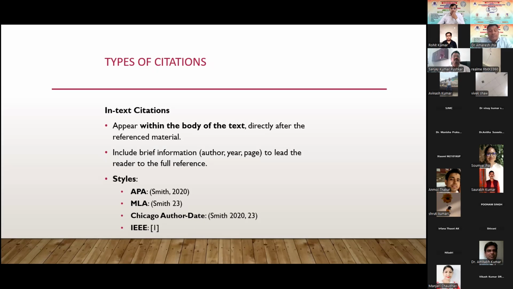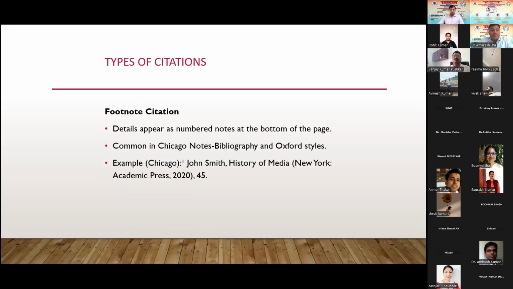Or a study was conducted in this subject, and then at the end of the sentence you write Smith 2020, that will also work. So it includes actually a brief information about the author, year, and page to lead the reader to the full reference, and the full reference is available at the end of the document in the reference section.